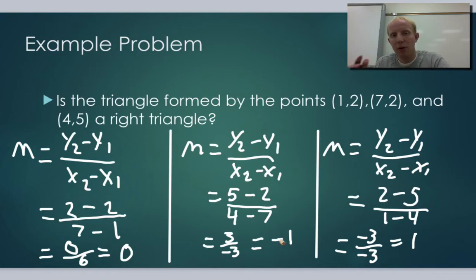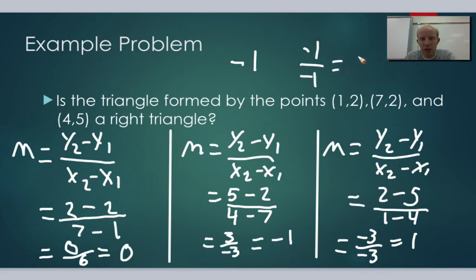They form a perpendicular intersection. So that means we have a right triangle in this case, because they are opposite reciprocals. You could also think of it like this: if negative 1 was A, then negative 1 over A is positive 1, so they are opposite reciprocals.